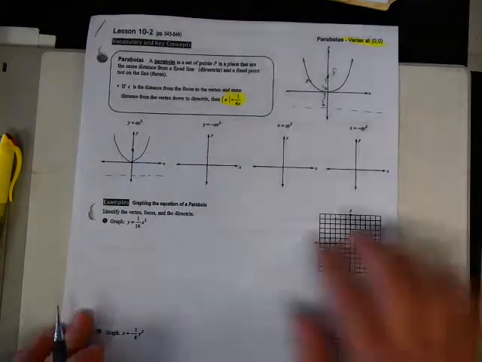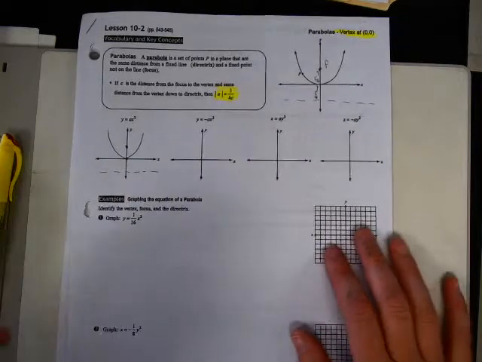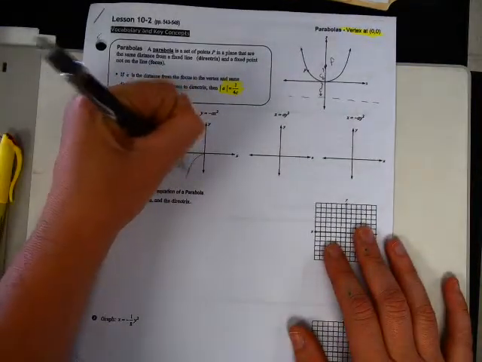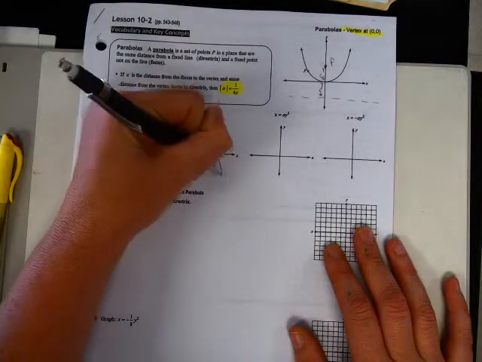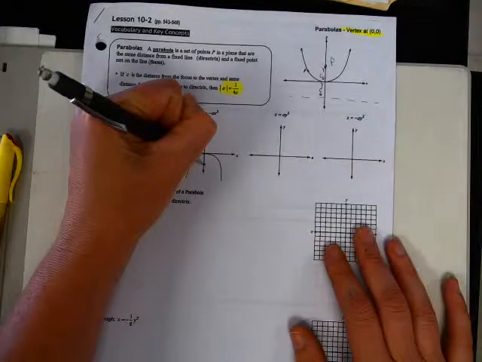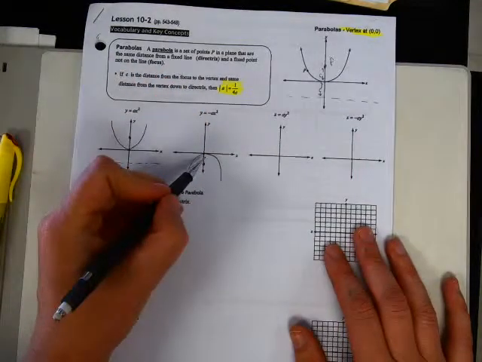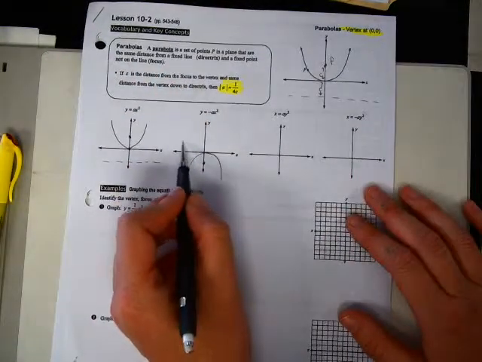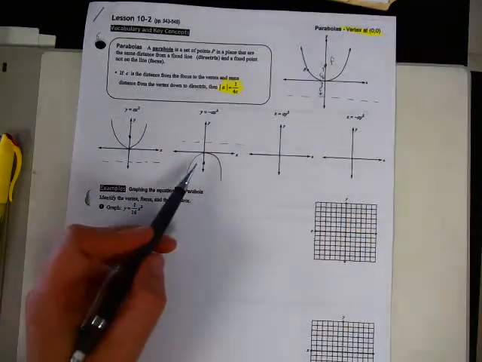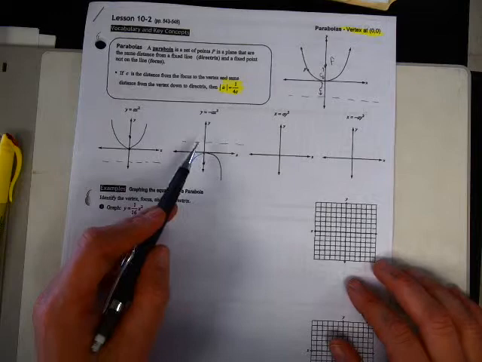For y equals negative ax squared, our parabola will open downwards. And our focus will be here, vertex at the origin, directrix up here. Notice that the focus is a point and the directrix is a line.